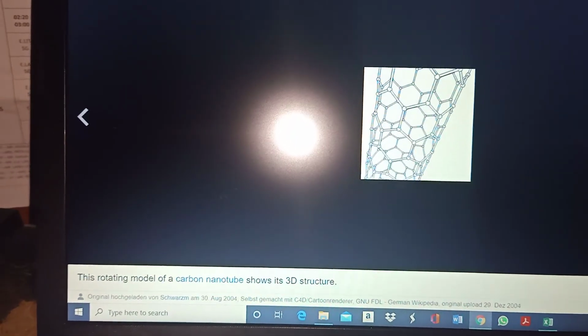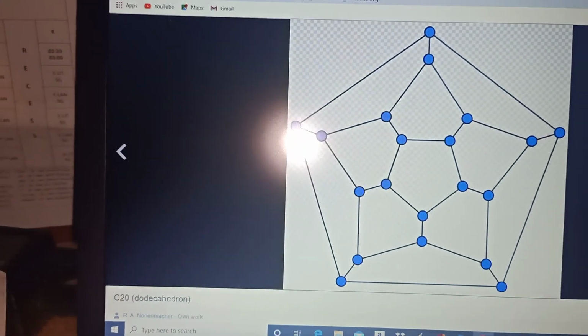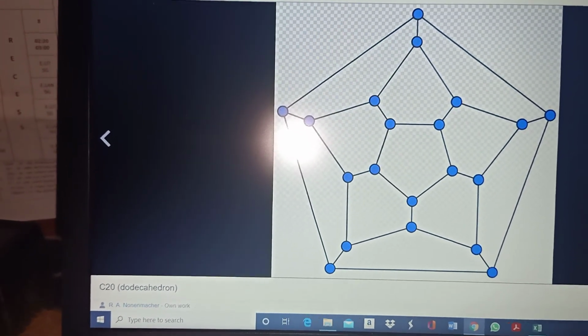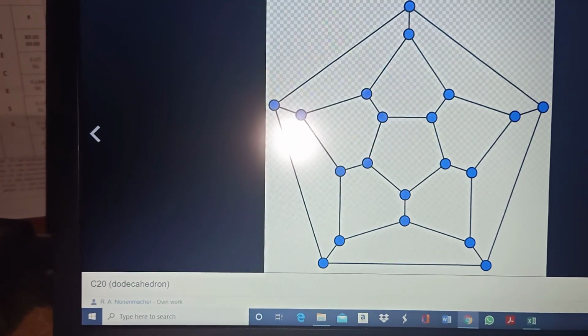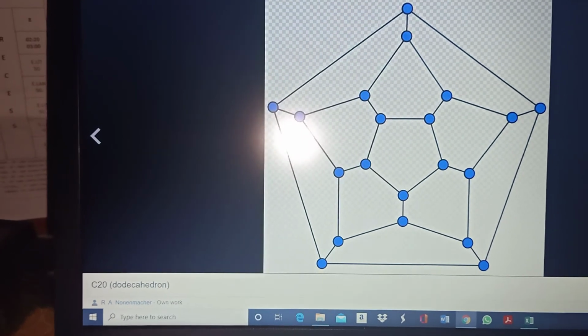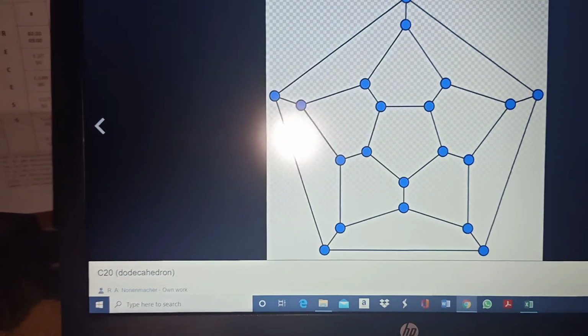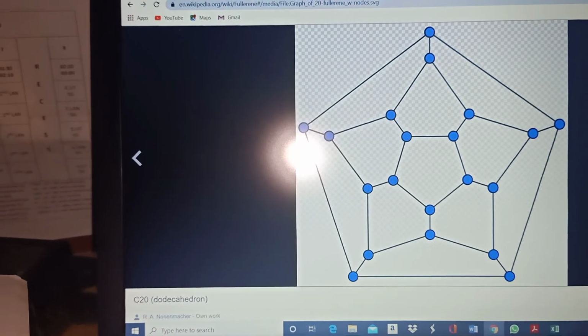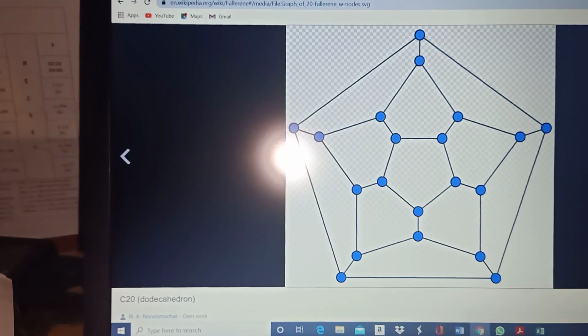This is nanotube structure. And this is again another type of fullerene having different structure. So in this way, fullerene can have different shapes and different numbers of carbon atoms in one molecule connected to each other.